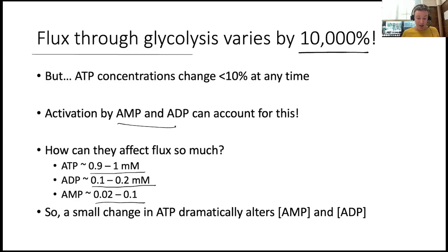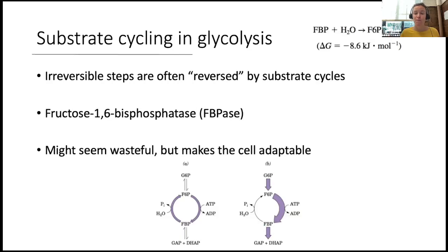And AMP is between 0.02 and 0.1 millimolar, which is a factor of 5. So we have much more ability to control flux by bigger changes in ADP and AMP, which is pretty cool.